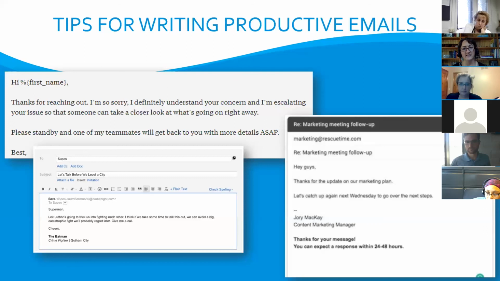Also know that texts and instant messages, if you are using corporate technology, are also FOIA-able, right? It's also public record. And if you're using a personal phone to text someone for business, ultimately, if you're involved in any kind of lawsuit, your personal phone can now be subject to subpoena.